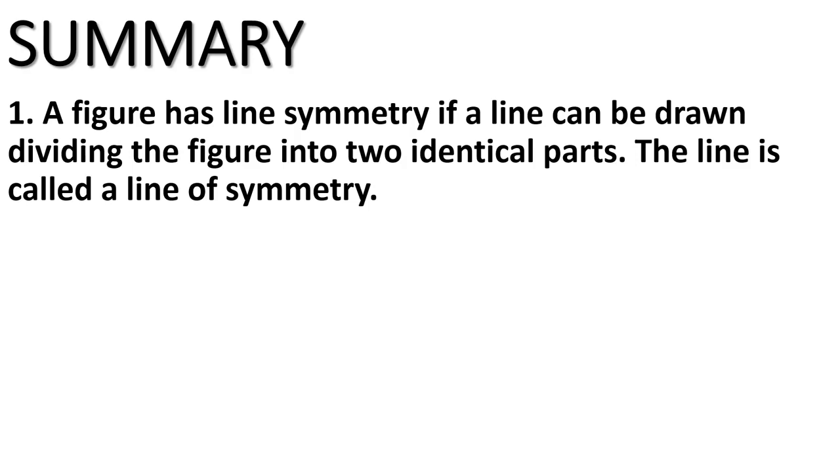If it is possible to draw a line on the figure such that the figure is divided into two identical parts, the line which we have drawn is called a line of symmetry.